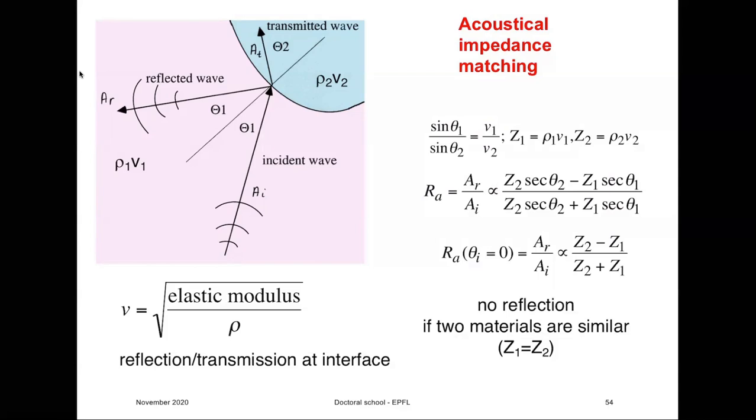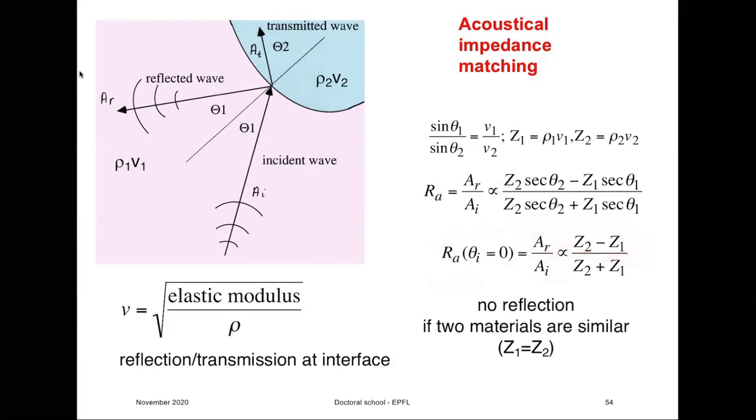Now, it turns out if you look at the ratio of reflected to incident beam, it is given by this, so it's similar to Snell's law in optics. Let's look at a normal, 90-degree incidence, so we have an angle of 0 degrees. We find out that the ratio of reflected to incident beam is proportional to the difference in acoustic impedances.